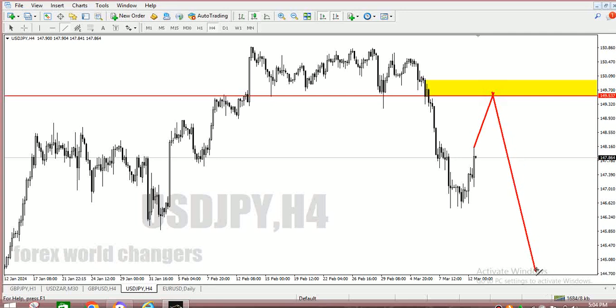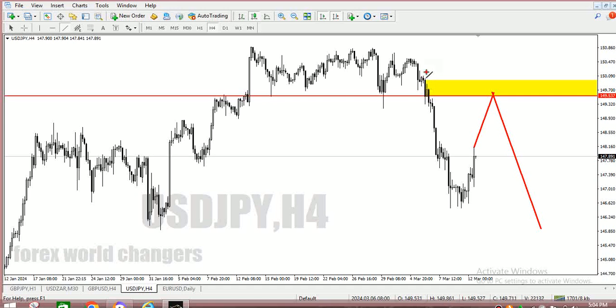Your take profit could be at this low. Your stop loss always has to be above this base. So your stop loss is here, and your take profit is here as well. This one was very easy. The USD and the pound USD are showing you very nice setups.